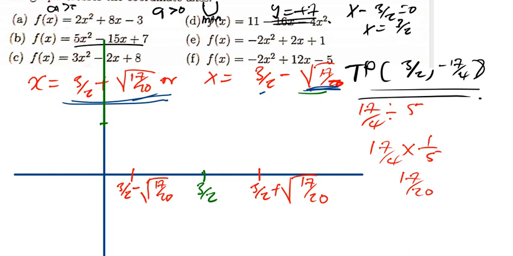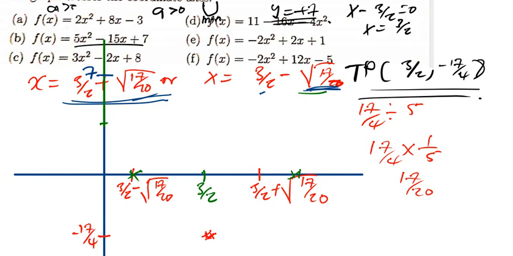Then the turning point, the down part, I can clearly see is negative 17/4. So I'll put it here, negative 17/4. At this point it has to turn there, and it has to touch this point and that point. But again, it has to pass 7.